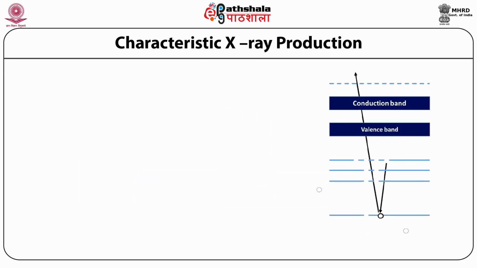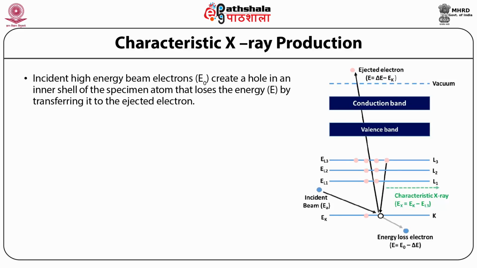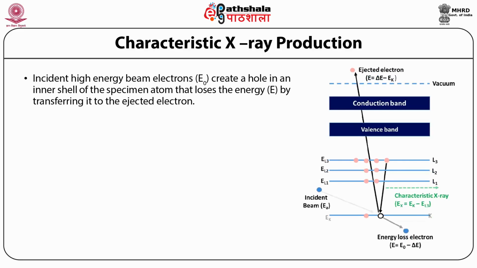The production of characteristic X-rays. The electrons of the incident high energy beam, denoted as E0, create a hole in the inner shell of the specimen atom, and lose the energy E by transferring it to the ejected electron.